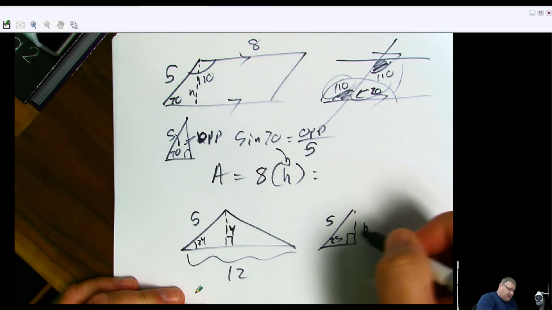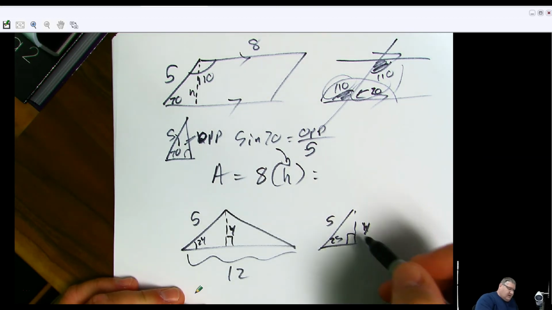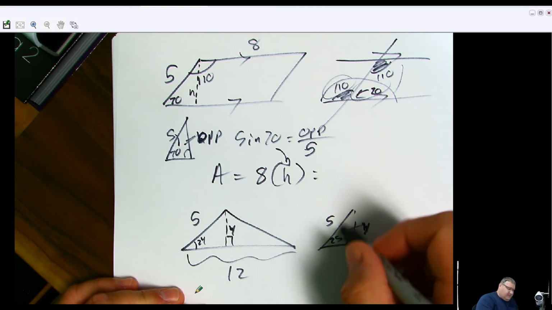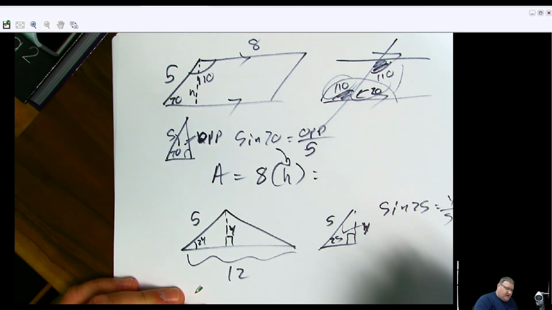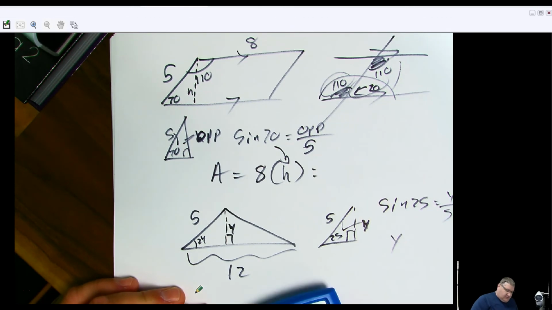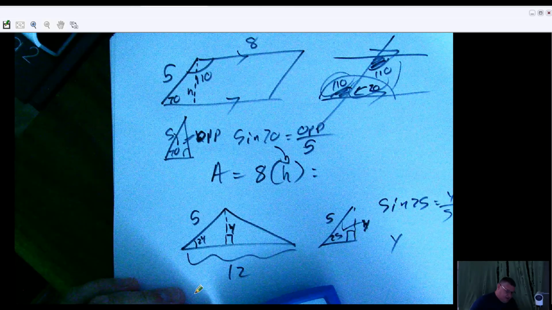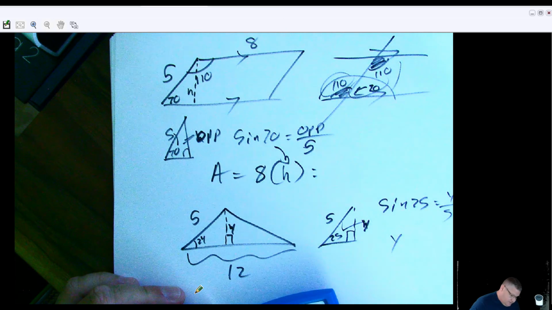So we'll call that y just so you don't get confused. And so, sine of 25 equals y over 5. Y equals 5 times sine 25.